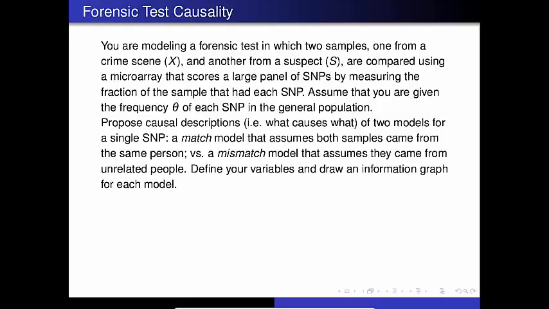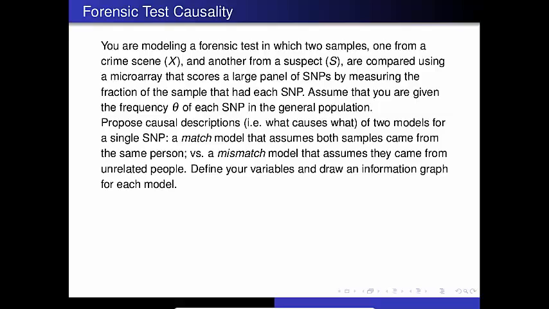So we can basically throw in this random variable representing the person's genetic state, and then we can provide an edge there for that.